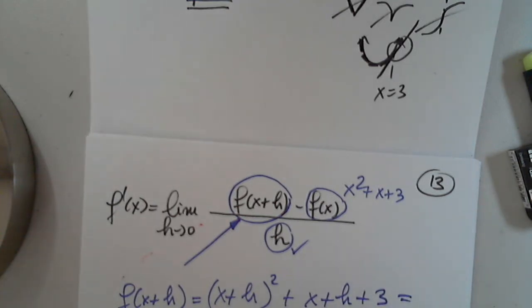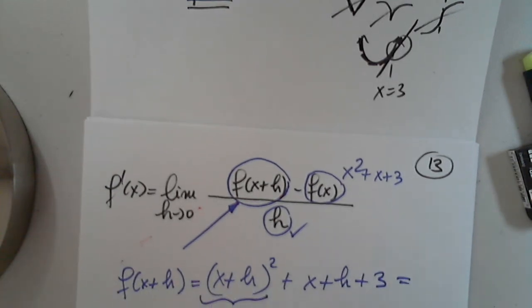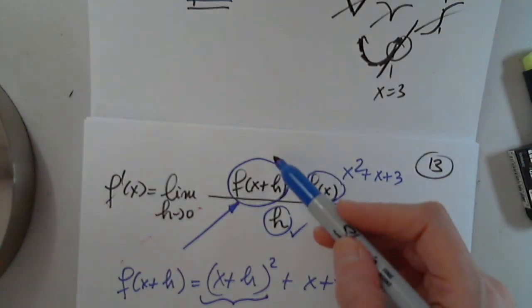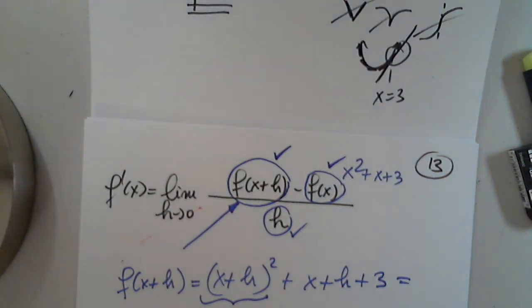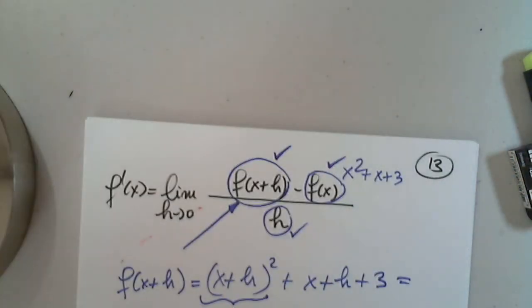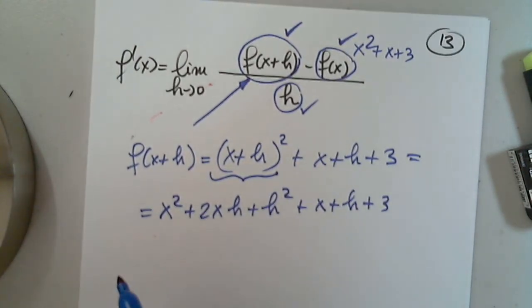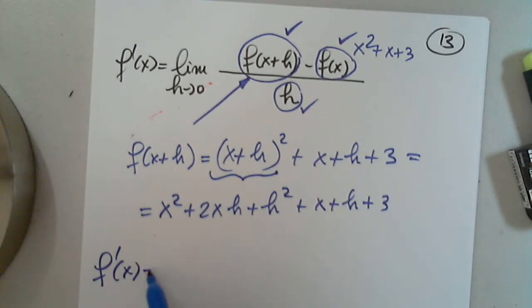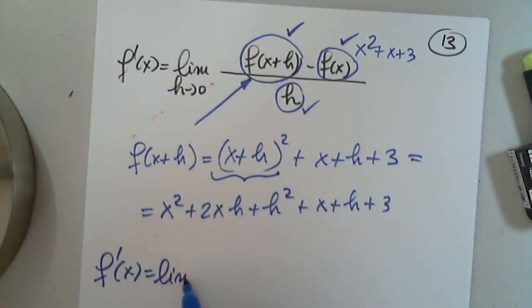And please don't forget that this has 3 terms, which are x squared plus 2xh plus h squared plus x plus h plus 3. So now I have all 3 pieces. I prepared the function, the pieces, and now I'm ready to find f prime. So f prime of x, I start from scratch with limit as h approaches 0.